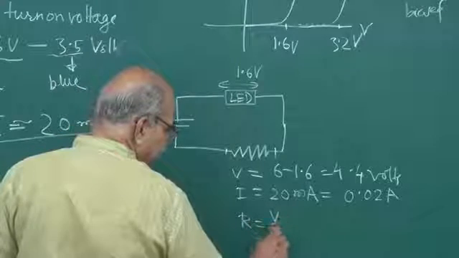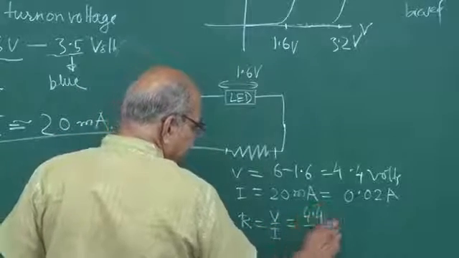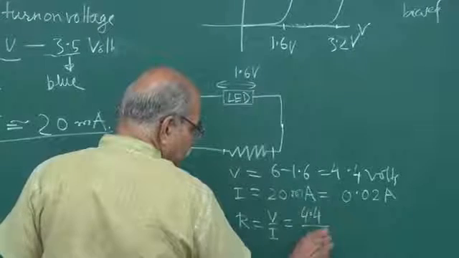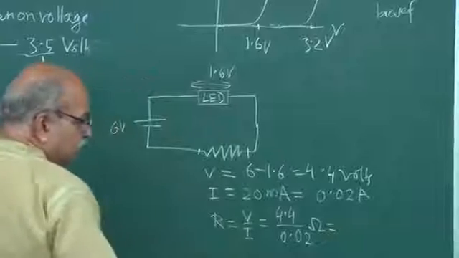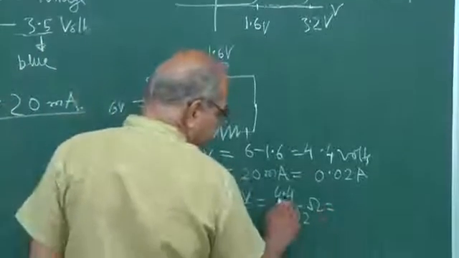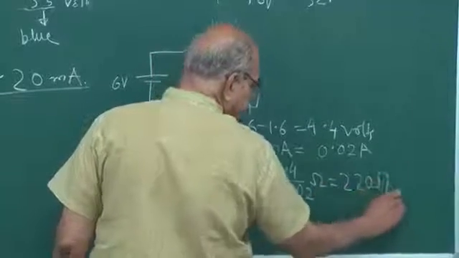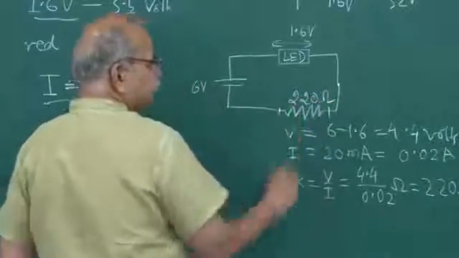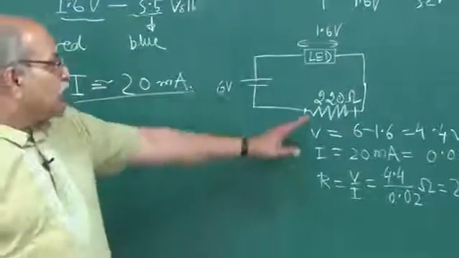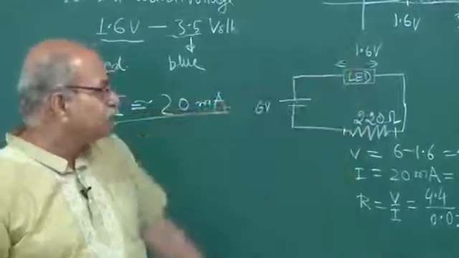Resistance should be V by I, and that is 4.4 divided by 0.02 ohm. So how much is that? 440 by 2, that is 220 ohms. So you should put a 220 ohm resistance here, so that it is running safe.